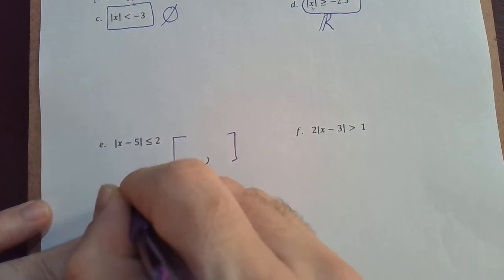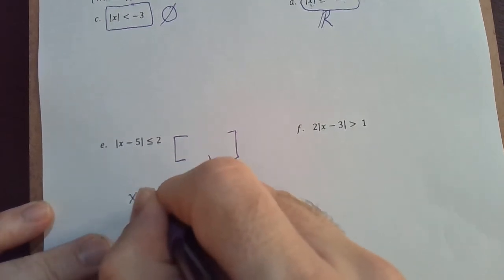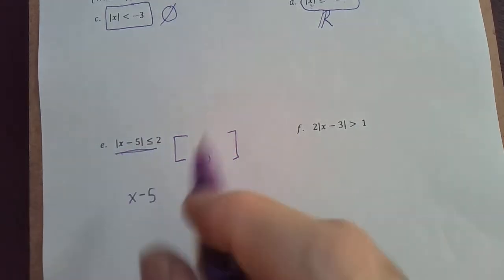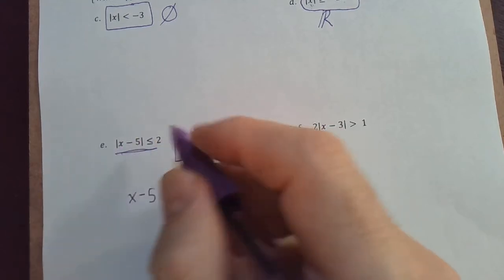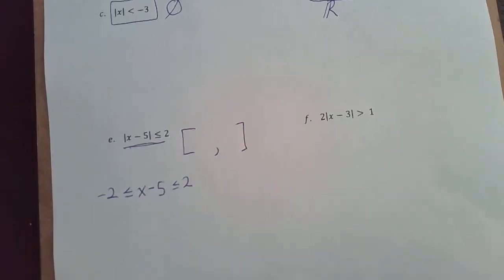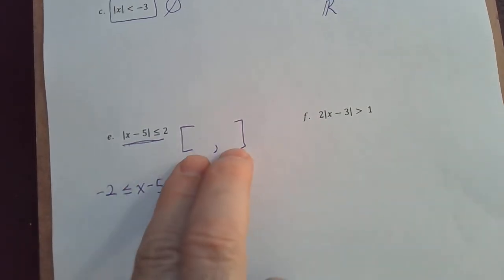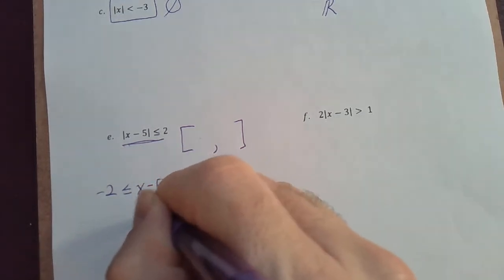This means x minus 5. Remember how you can write this without the absolute values? You write it just like it is, but then when you remove the absolute value, you have to put this on the other side. Solve that. And whatever two numbers you get on the left and right are going to go right here. Add 5 to all three sections.